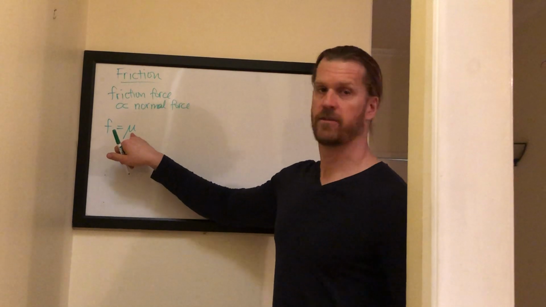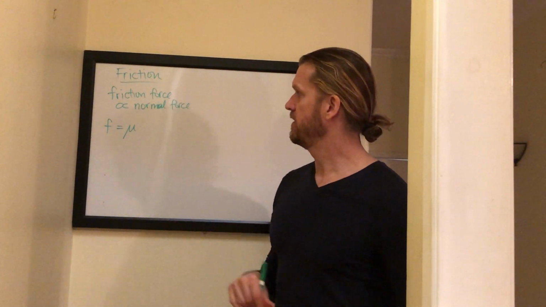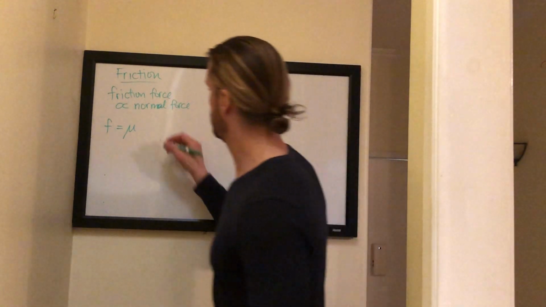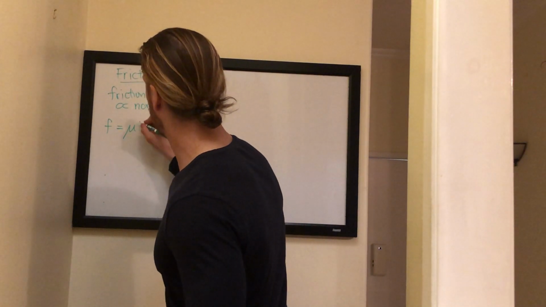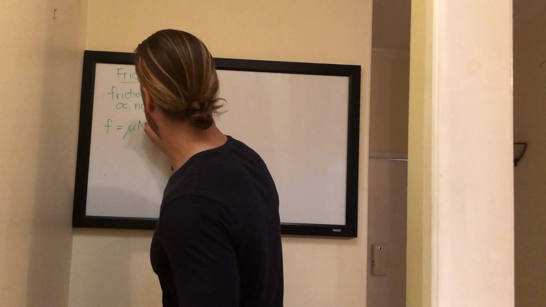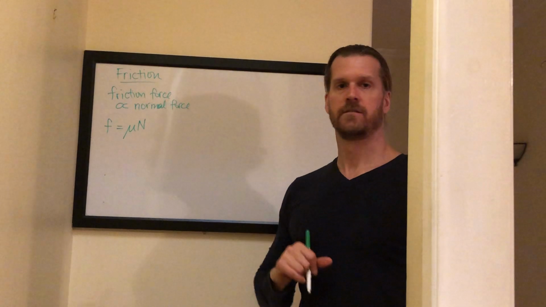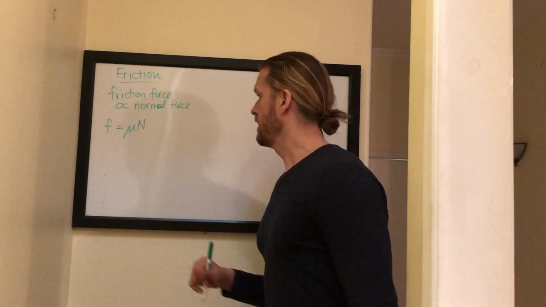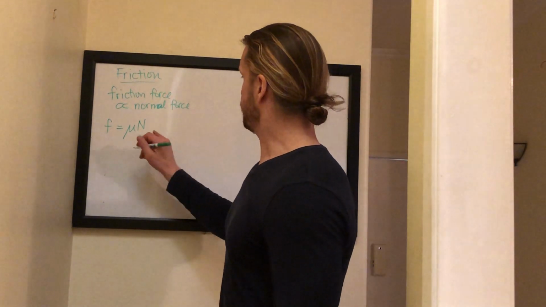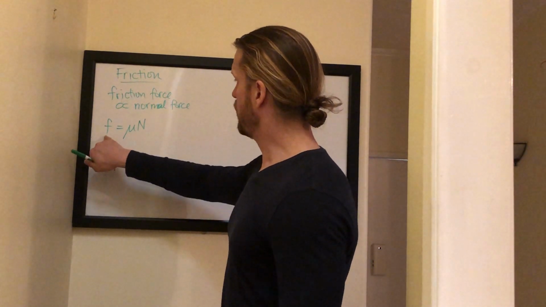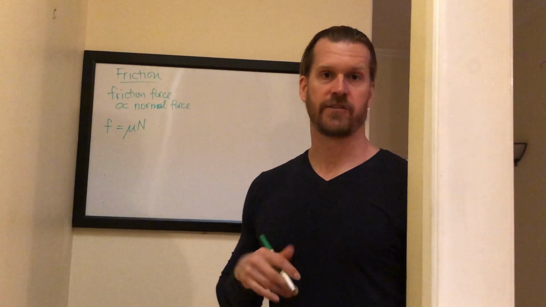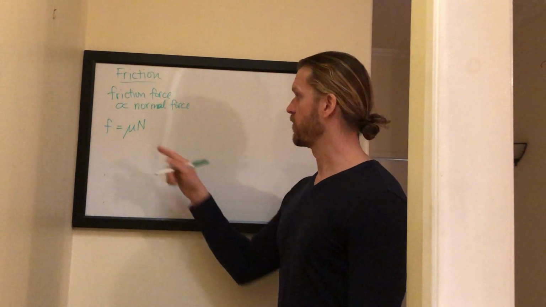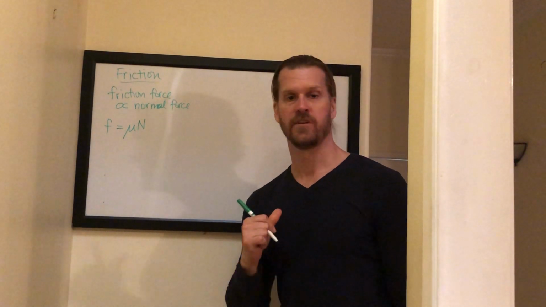It looks like a letter U, except it has kind of a tail on the front. So that's our constant of proportionality. And we multiply by N, the normal force. Notice this is just magnitudes. That's the magnitude of the friction force and the magnitude of the normal force.